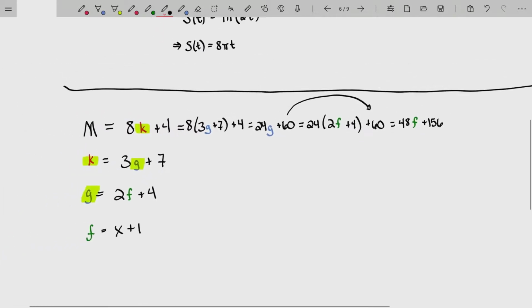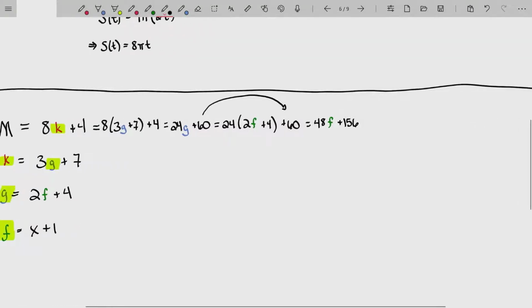Now, I see that I have this version of g here, but now I happen to know that f itself can be replaced just with x plus 1. And let me highlight that here. So that f can be replaced with x plus 1. This is actually the easiest of the group because it's a small multiplication.